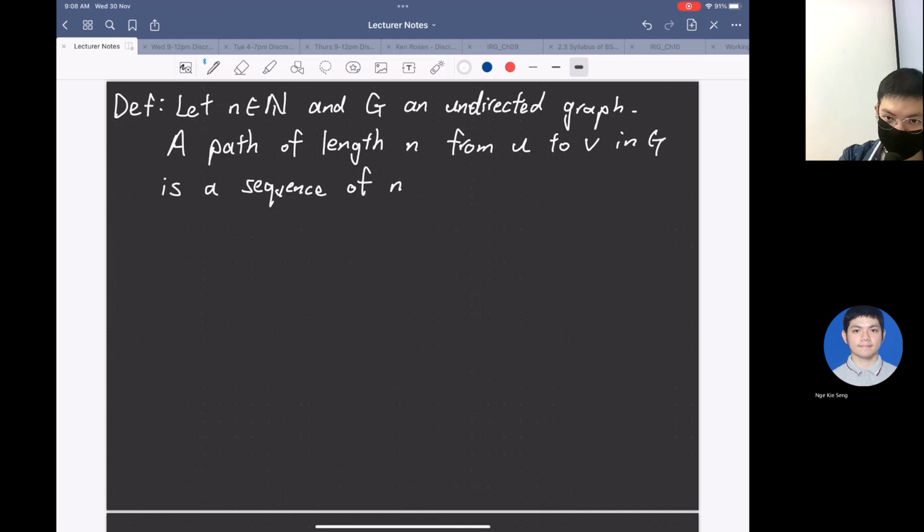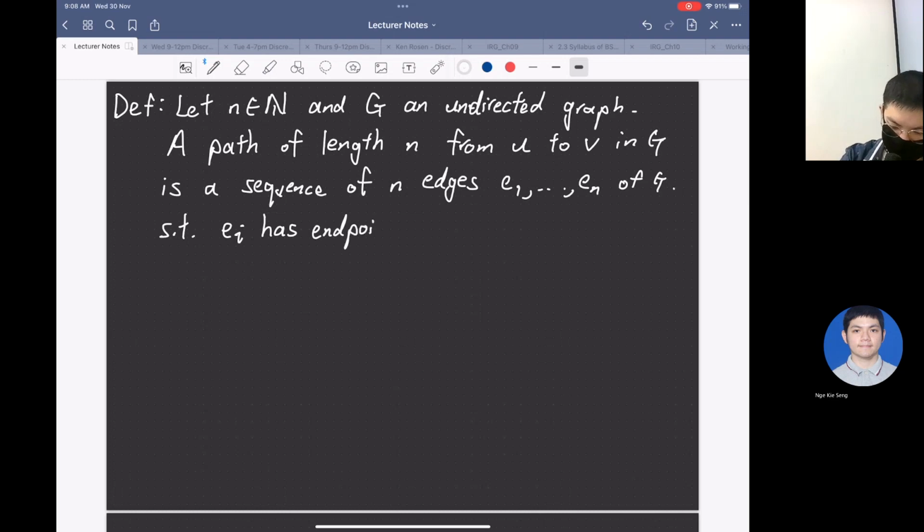If it is length n, then you have n edges. If you have n edges, then you have length n. Such that e_i has endpoints s_i and s_{i+1}.